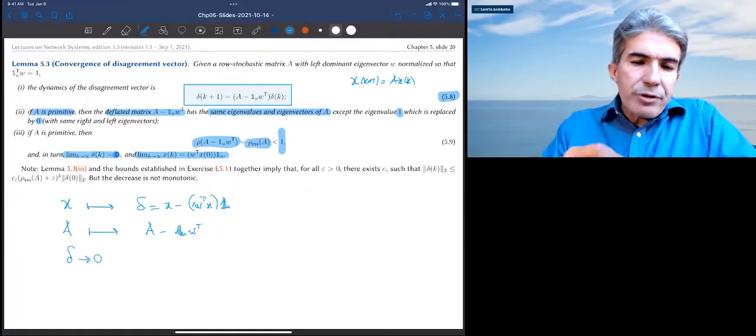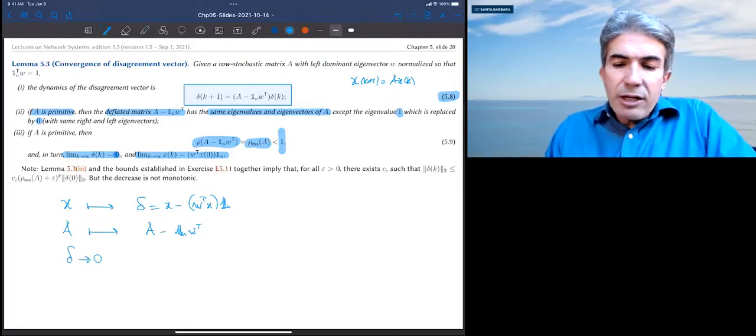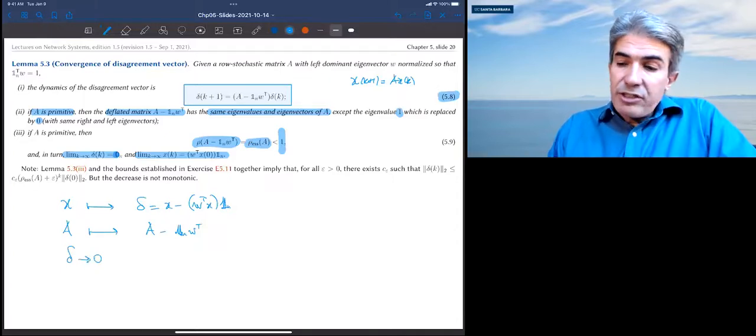Let me make an extra comment. It's actually true that delta goes to 0, and the largest eigenvalue in magnitude of the deflated matrix is this rho essential.